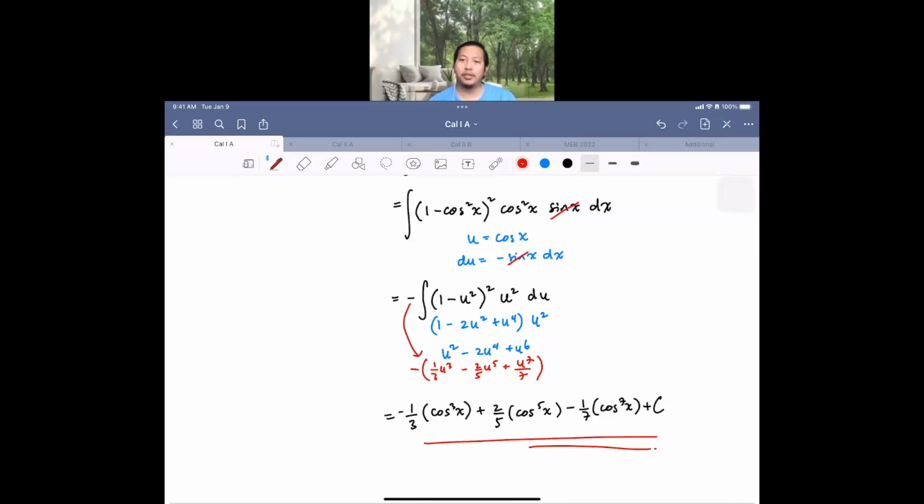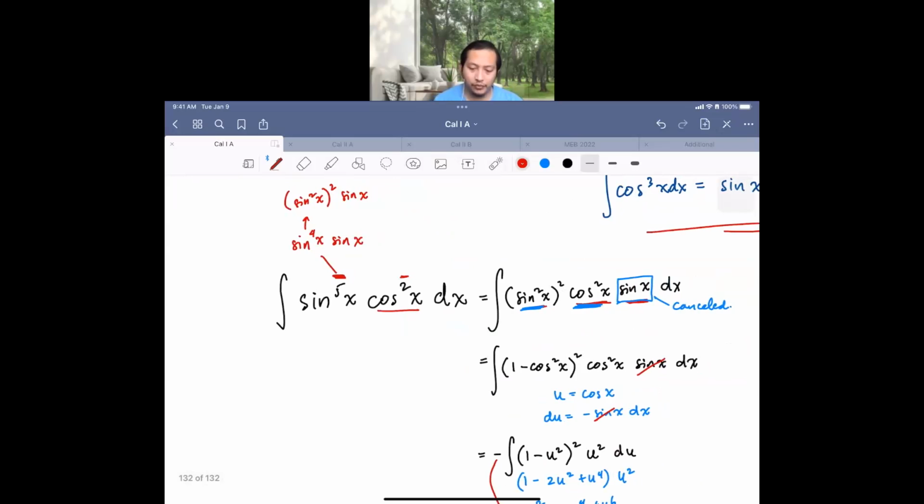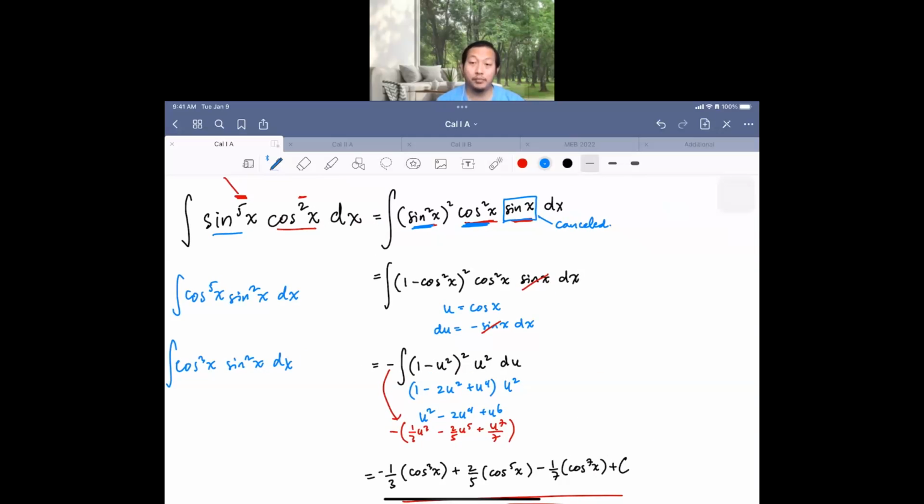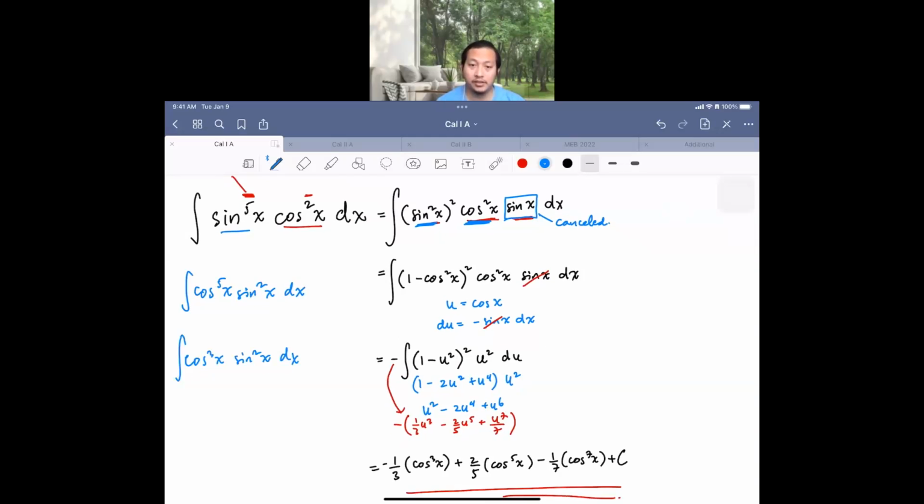And it's also happening if, for example, we reverse this, it becomes cos 5x and then sine squared x. Or even if you would like to try more power, or maybe just cos 3x sine squared x, still we will have a similar pattern and similar method.